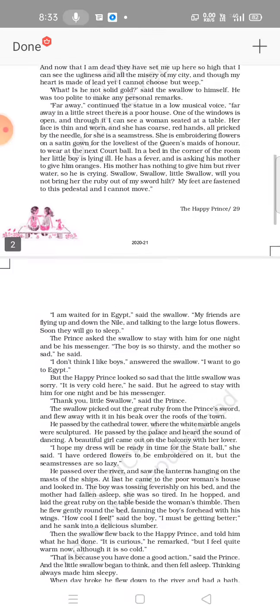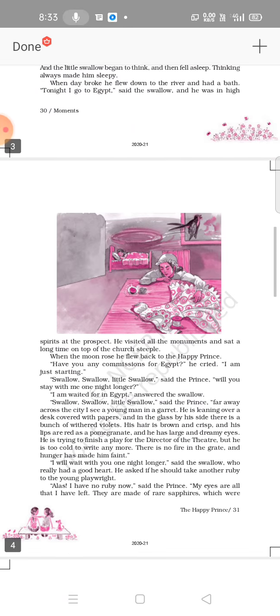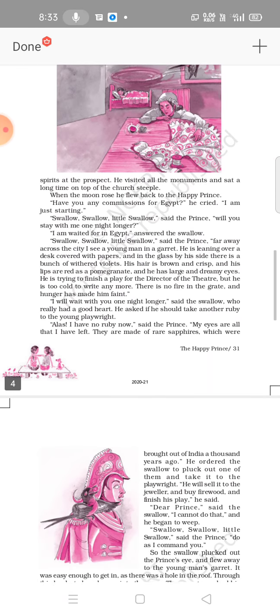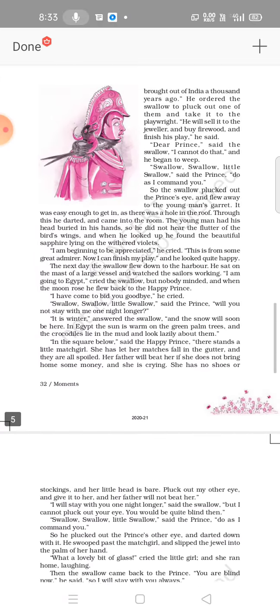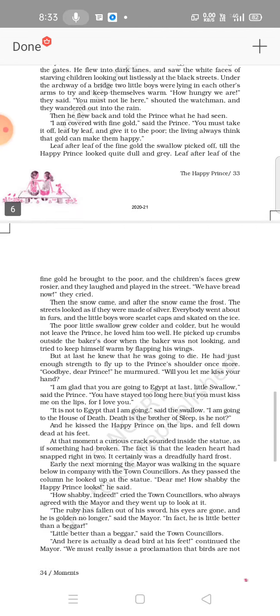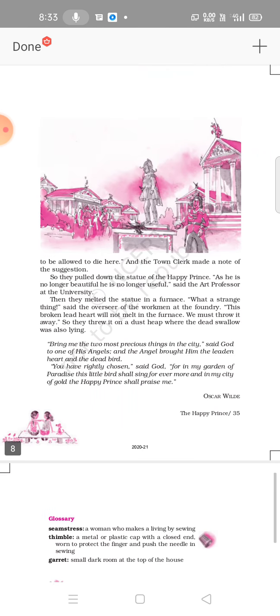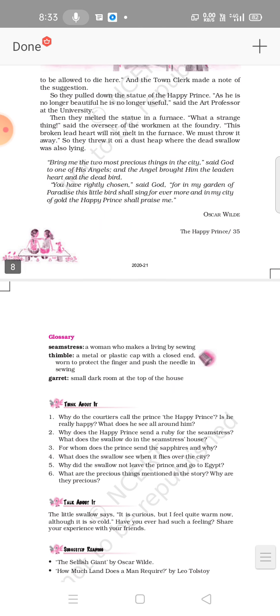Now the time has come to discuss the exercises of this lesson. Here are the exercises.